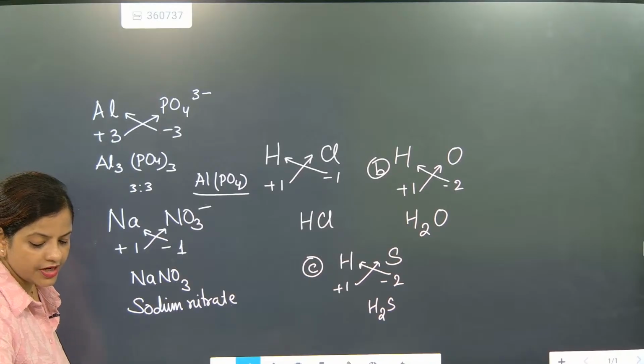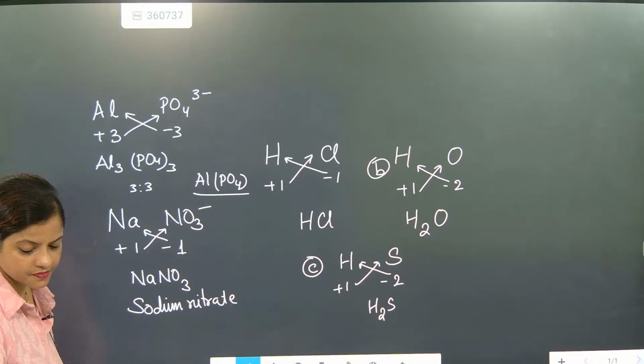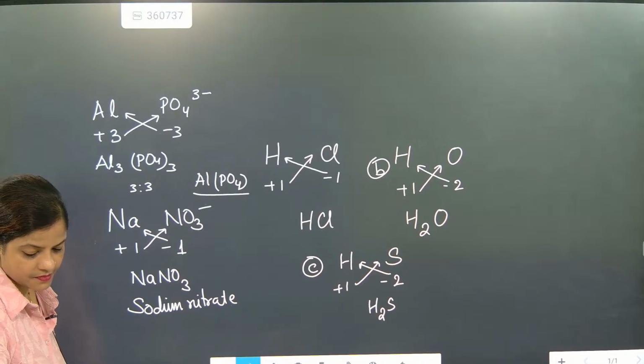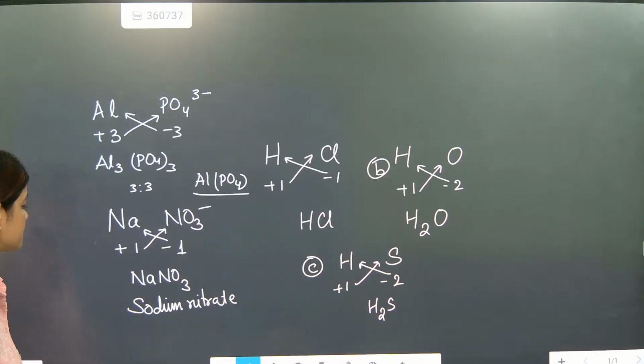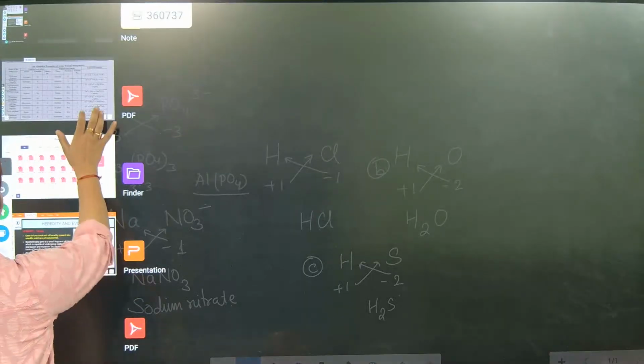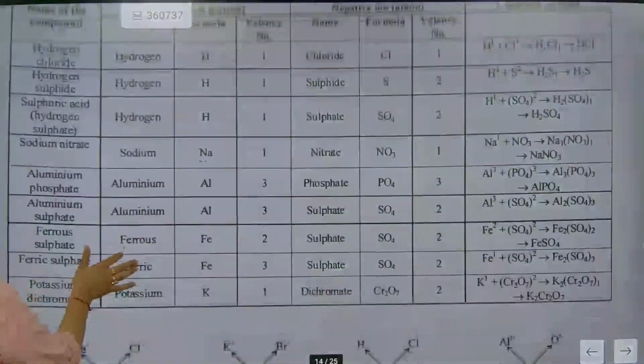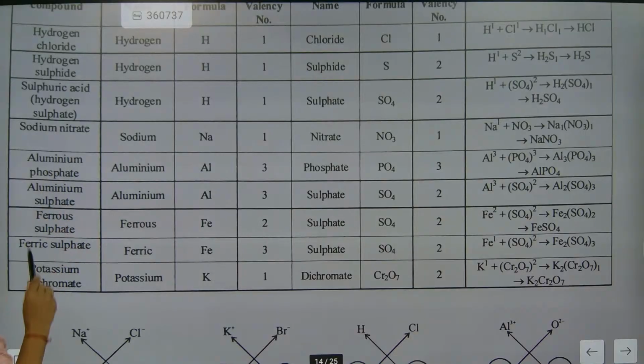So shall we go for the next one, beta? Next one we will do. So aluminium phosphate we have done.